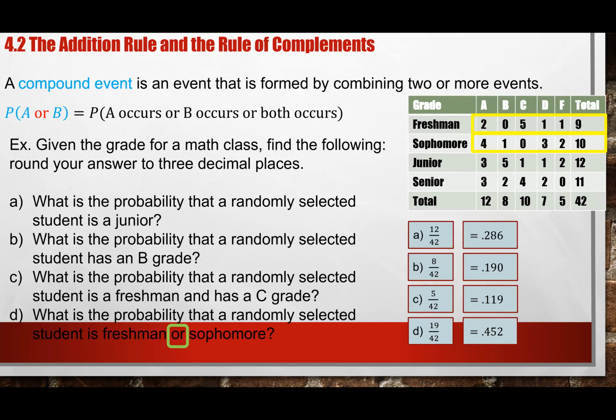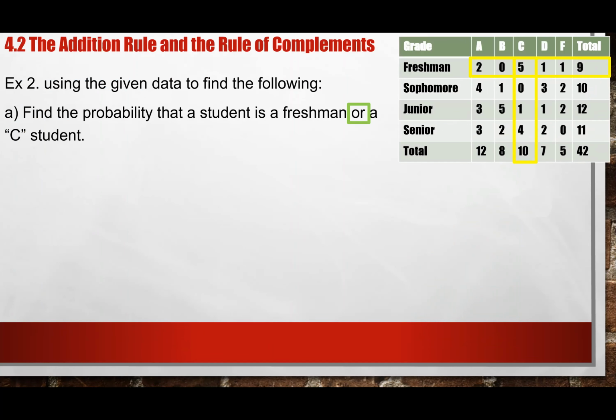Here I have freshmen going horizontally and C going vertically, meaning they have an intersection. I cannot just take 9 plus 10 and divide by 42 like before, because there is some intersection. Let's approach it this way first, and then we will mention the formula in a bit.